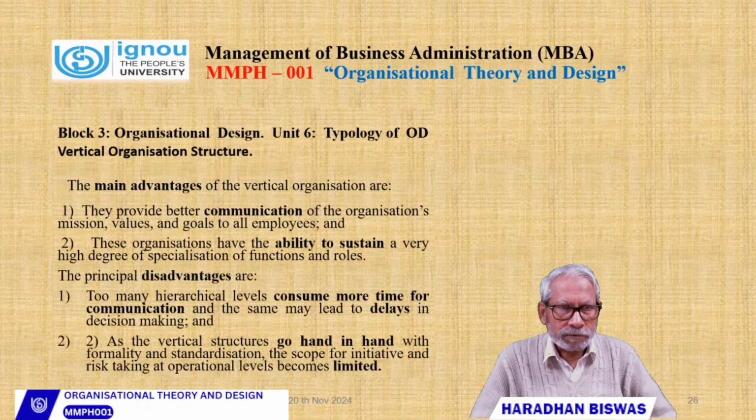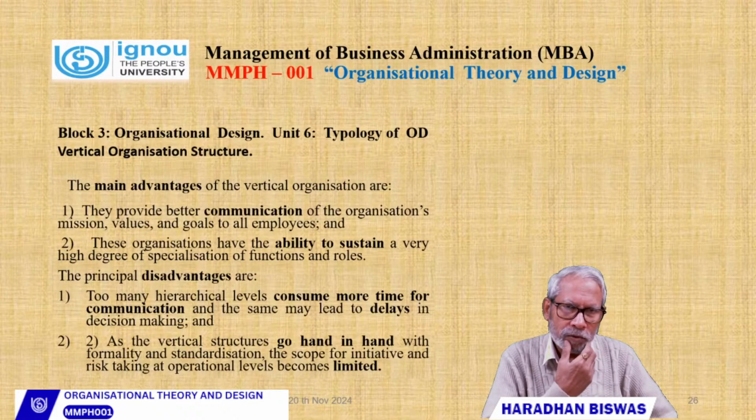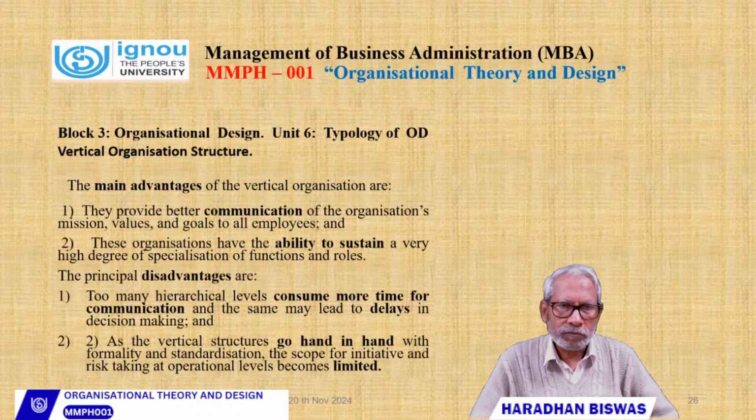The main advantage of vertical organizations is better communication, because all communication goes directly, and the values, goals, and missions can be passed on to employees easily. Another advantage is the ability to sustain a very high degree of specialization of functions and roles.